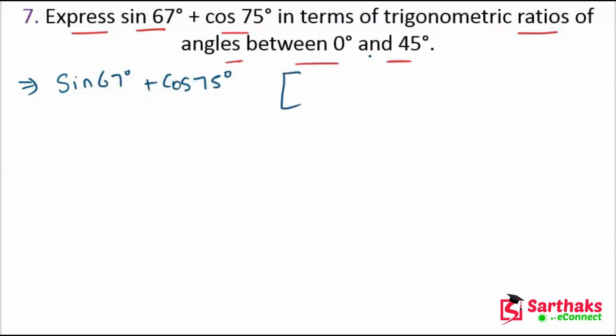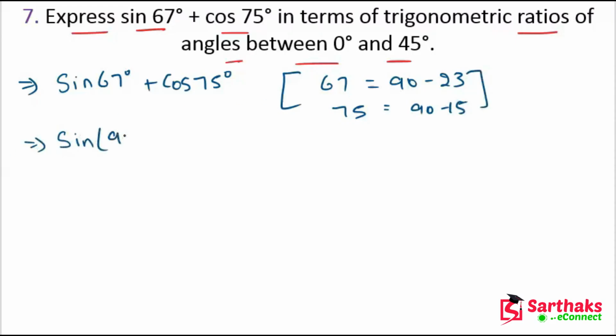Now we can write 67 as 90 minus 23 and 75 as 90 minus 15. So this will become sin(90 minus 23) plus cos(90 minus 15) degree.